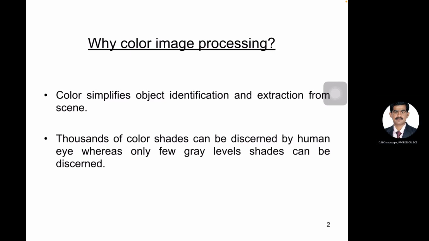And then thousands of color shades can be used by the human eye, whereas only a few gray levels are there. The particular colors are to be identified in a scene or an object.